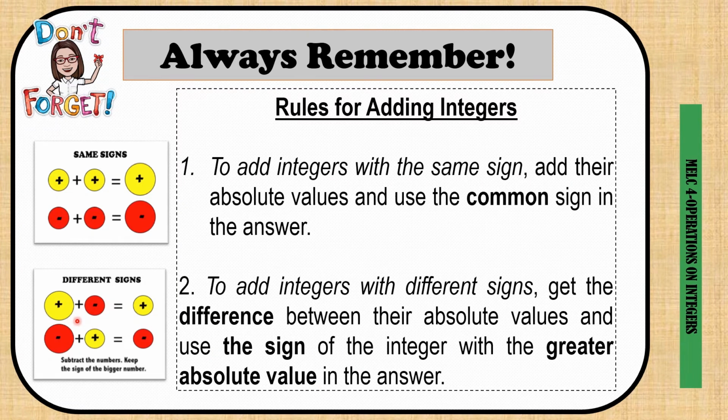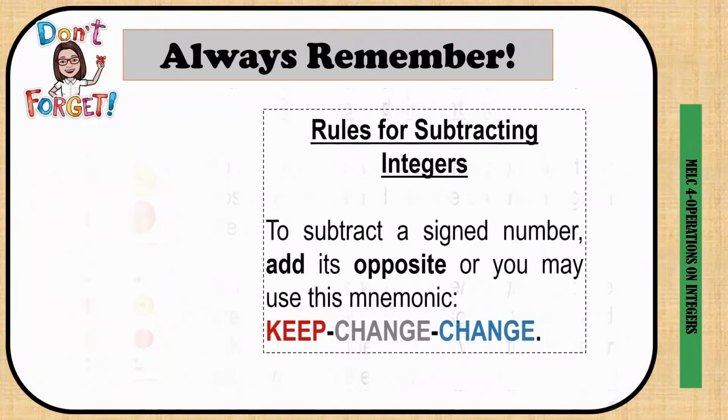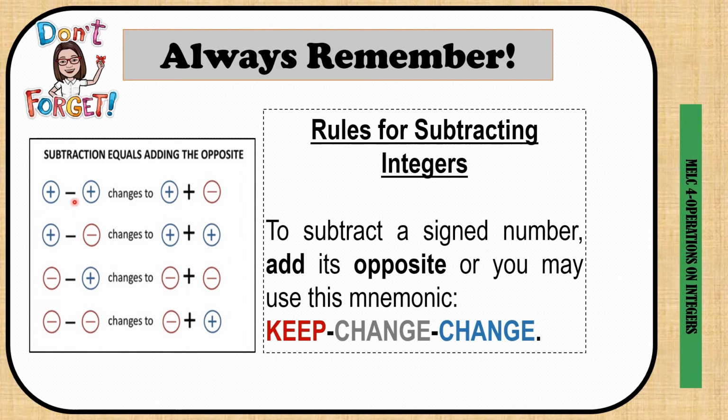So if they have different signs, positive and negative, subtract, and whatever the sign of the greater absolute value, that will be the sign of the sum. That is what you have to remember as rules for adding integers. And for subtracting integers, these are again the rules. To subtract integers with signed numbers, add its opposite, or you may use this mnemonic: keep, change, change. It was shown to you before, so you have to remember that.